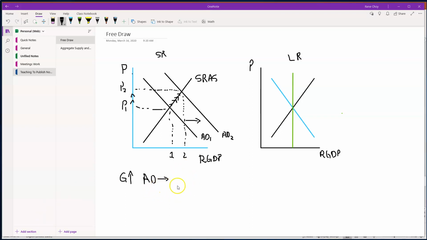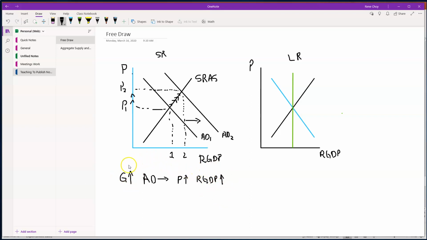As the aggregate demand shifts to the right, we're going to notice that prices are going to go up in the economy, and real GDP is going to be increasing. So we can say something like an increase in the level of government spending is going to make real GDP move to the right.